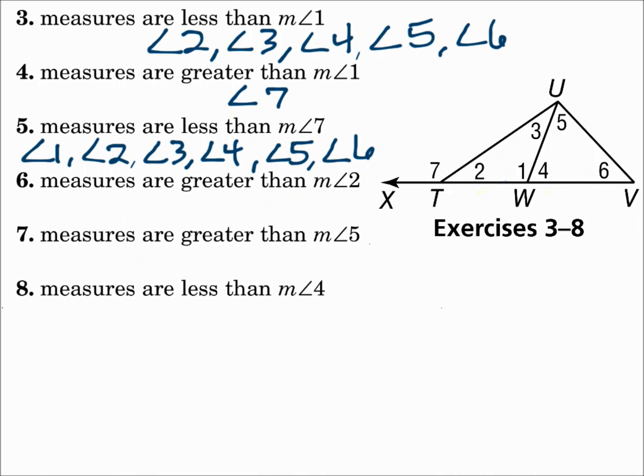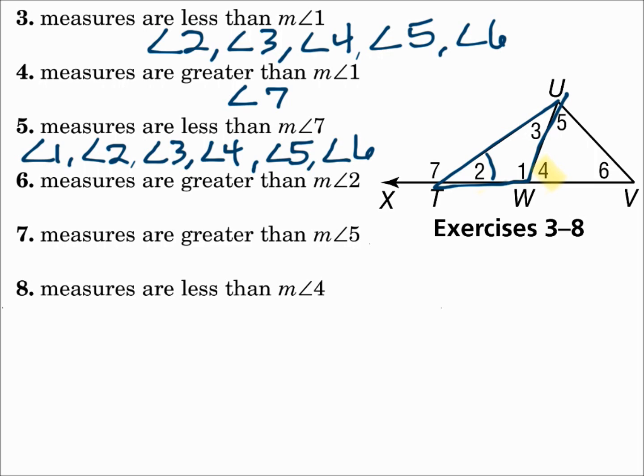Number 6, angles with measures greater than the measure of angle 2. Well, angle 2 is a remote interior angle in this triangle when you're talking about angle 4 being the exterior angle. So we know angle 4 is greater.